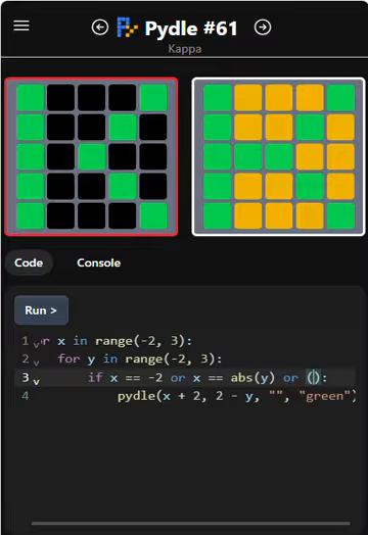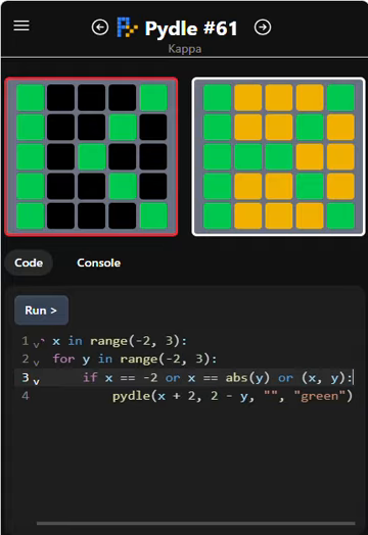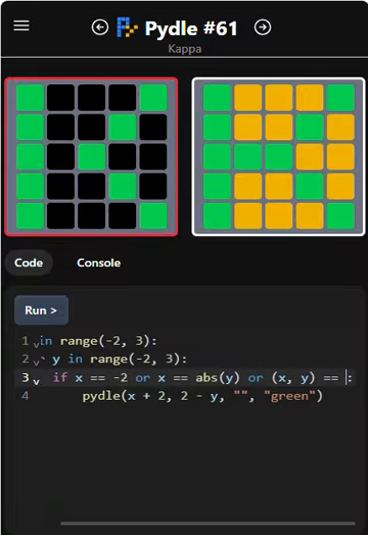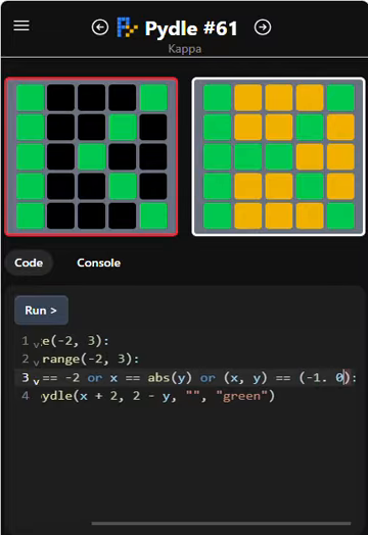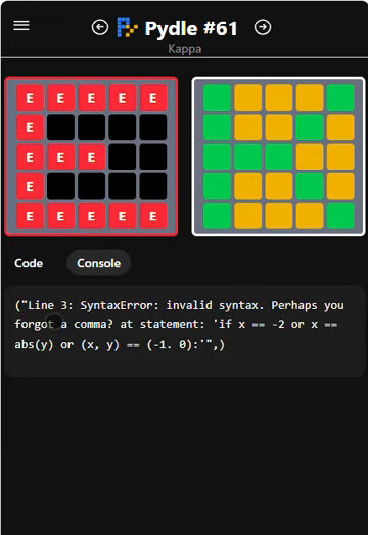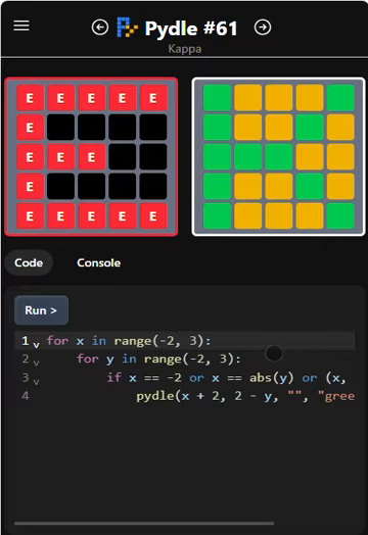And the easiest way to do that is with a tuple. Okay, and that's going to be minus 1, comma 0. So x there is minus 1 and y is 0. Oops, I did not do that correctly.